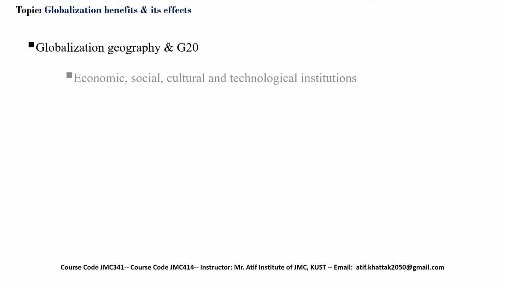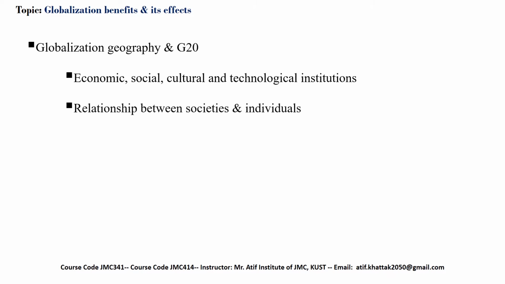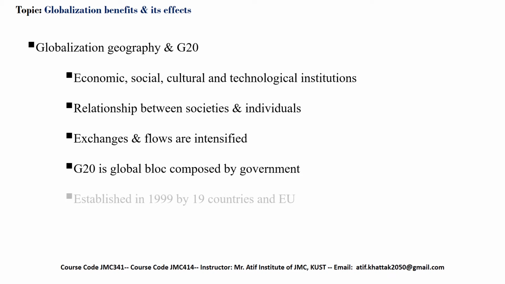There is a terminology which is called globalization in geography. In geography, globalization is defined as the set of processes which can be economic, social, cultural, technological, institutional that contribute to the relationship between societies and individuals around the world.